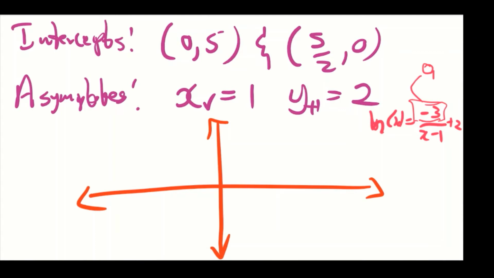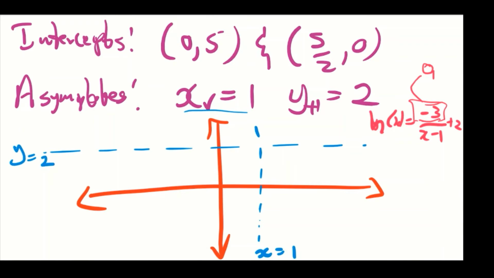So what we're going to do is indicate our asymptotes in the graph. We're having our vertical asymptote being equal to 1. So let's say this is our vertical asymptote, x equals 1. Our horizontal asymptote being equal to 2, so this would be our y equals 2, right? And then we're having our y-intercept here being 0 and 5.